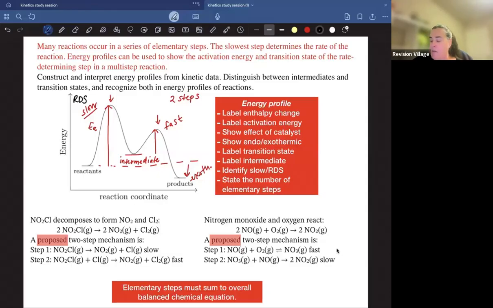I was asked how I knew that this reaction was exothermic. So delta H is going to be the enthalpy of the products minus the enthalpy of the reactants. And here you can see the products have less energy or enthalpy than the reactants. And so this value is going to be negative. And so it's exothermic.